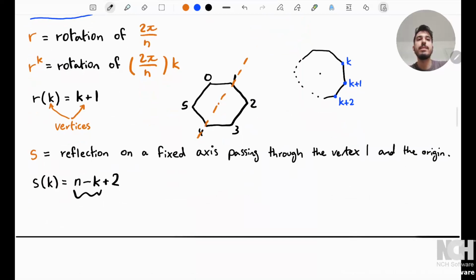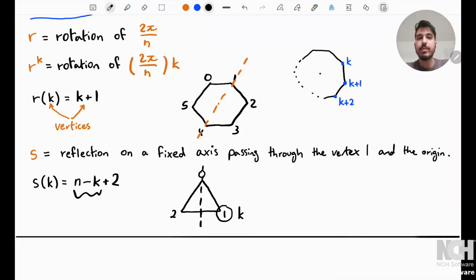I will show you. Let's say that we have a triangle 0, 1, 2, right? And let's say the reflection was about the vertex 0, not 1. Okay, what happens if we replace 1 by k?